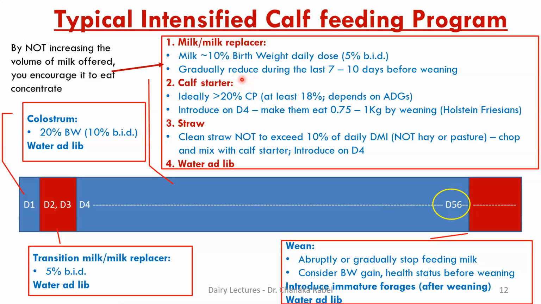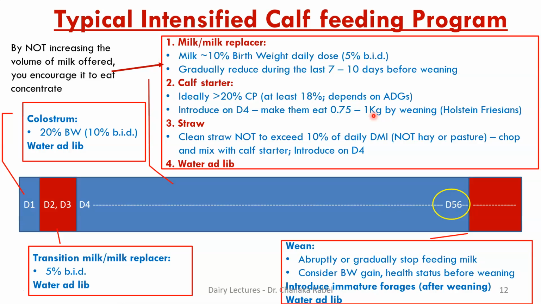Right. So calf starter, like I showed in the chart last lecture, the calf will eat only a small quantity at the beginning, maybe 30 grams, but it gradually increases, and by the time of weaning the calf should be eating 1 kilogram, right?